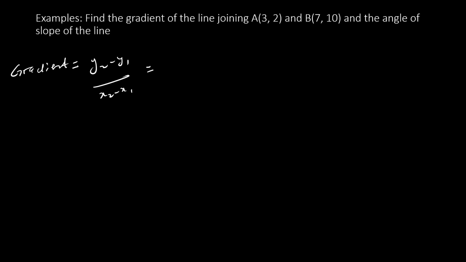According to this question, we have 3 to be our x1, and we have x2, y2. So y2 is now 10 minus 2 over x2, which is 7 minus 3. Over here we have 8 divided by 4, which is 2.